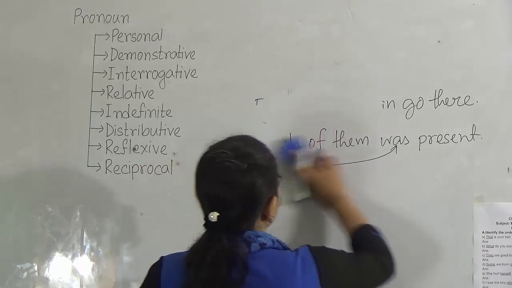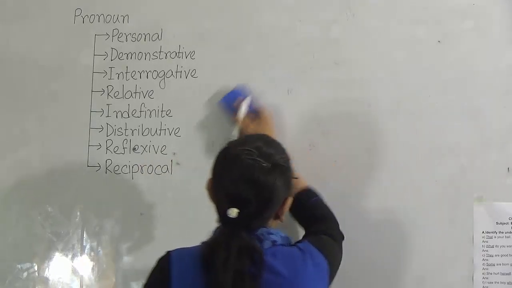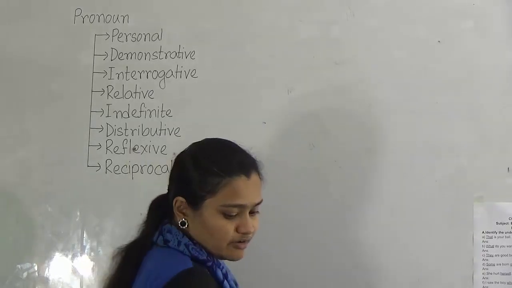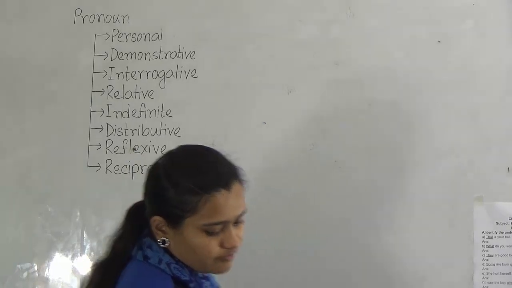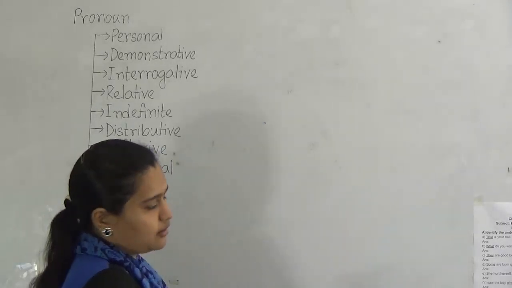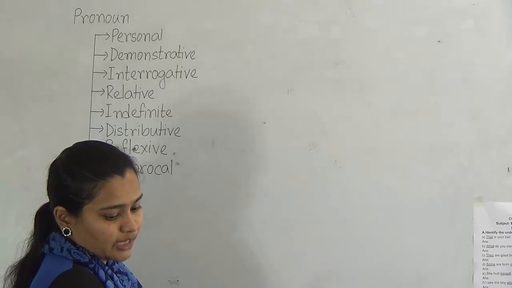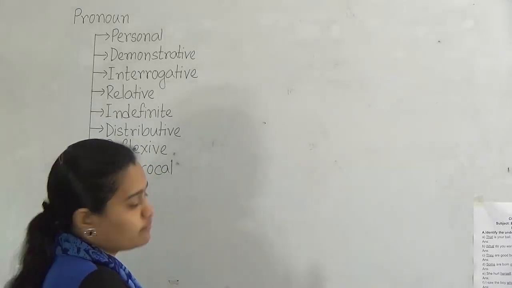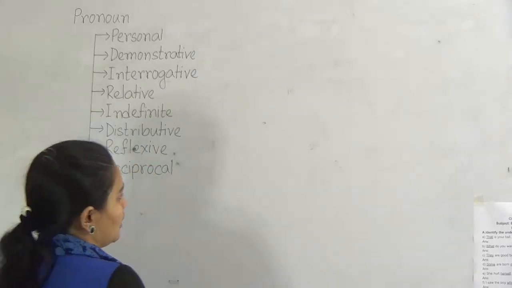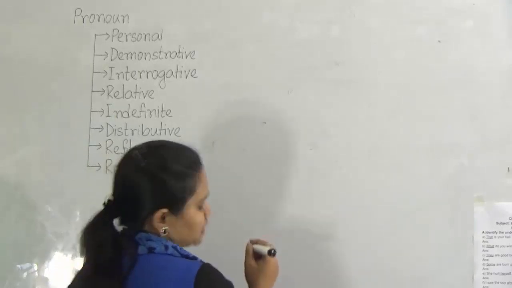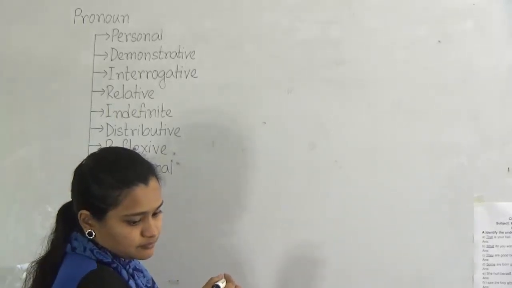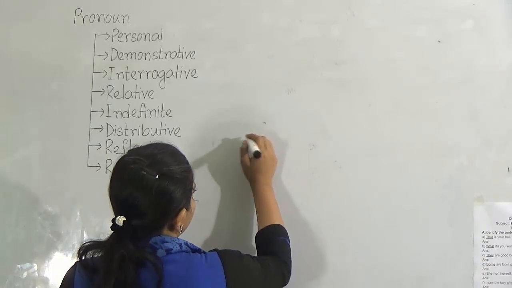Now we will go to reflexive pronoun. Okay, that means number 7, reflexive pronoun. Reflexive pronouns are those pronouns in which the action done by the subject reflects upon it. That means you will get a reflection of the subject. Okay, look at this example.